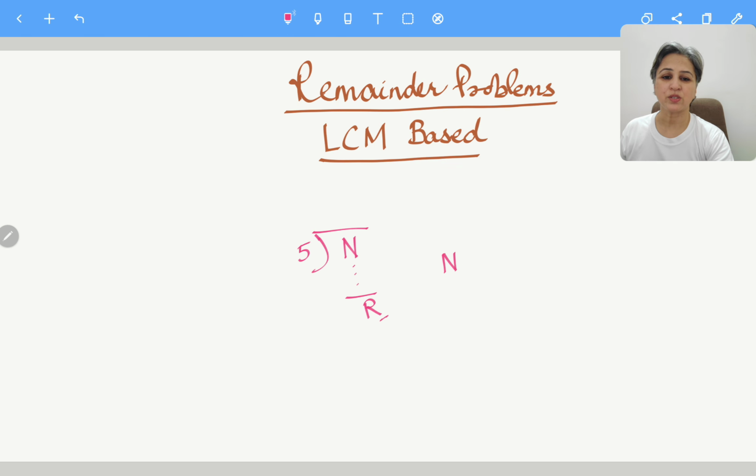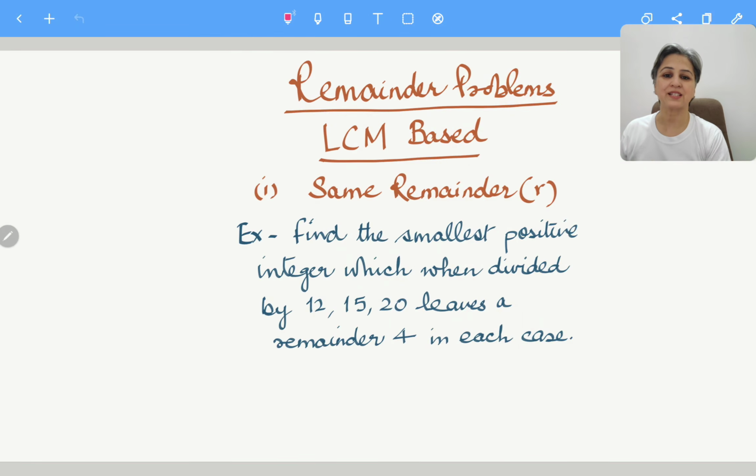So if we subtract this r from n, the number that we get will be exactly divisible by 5 and we will not get any remainder. So we have removed the remainder from that given number. Okay, let's understand this with the help of an example.